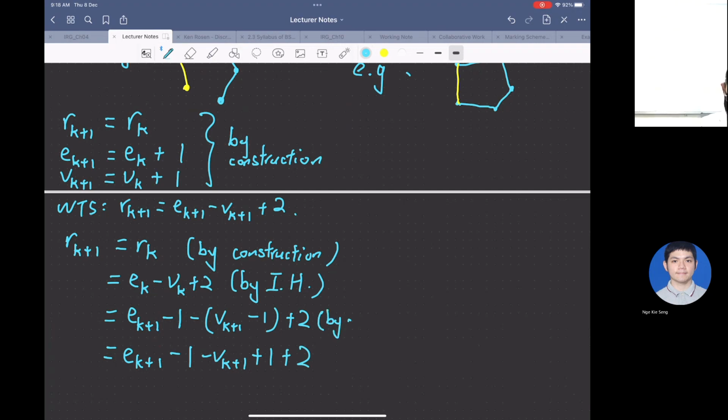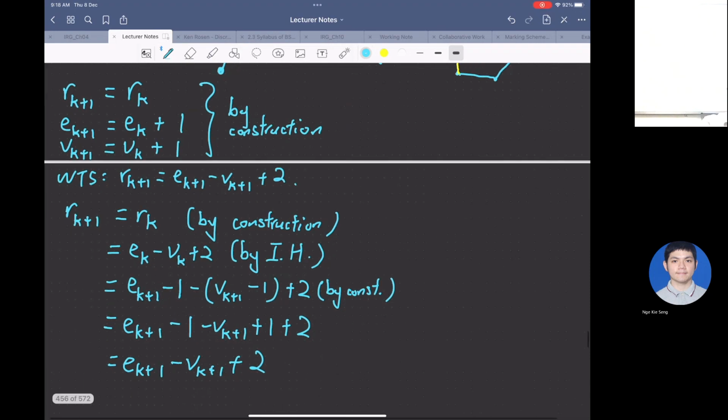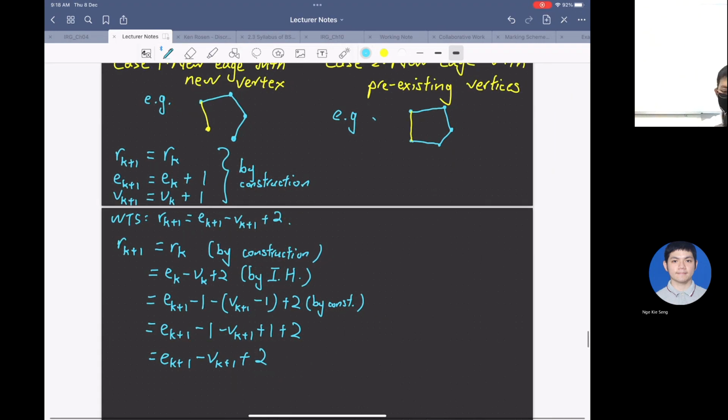This also by construction. Then it is equal to EK plus 1 minus VK plus 1 plus 2. Make sense? Okay, so it holds for case 1.